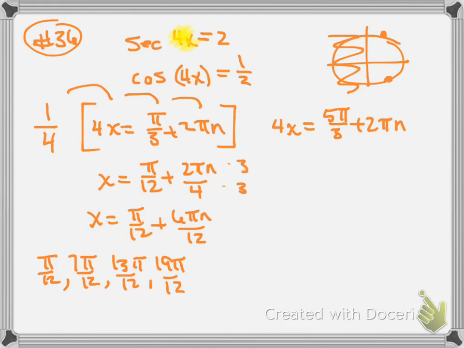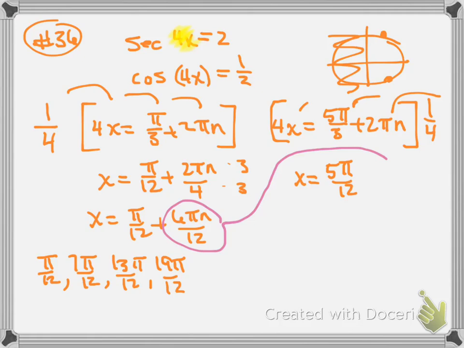Now when I come over to the other one, again, I have to do the same thing, multiplying by our 1/4. So once I distribute that to every piece, I'm going to get x equals 5 pi over 12, and because I already know the common denominator, that is not going to change. So I can go right ahead and say plus 6 pi n over 12.